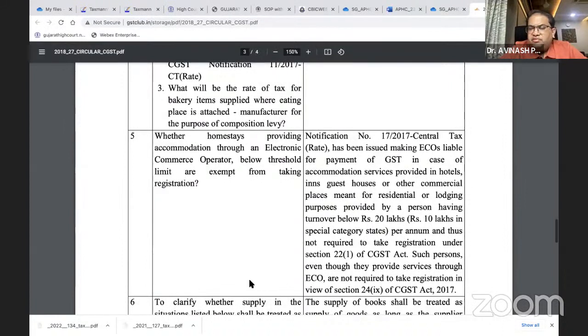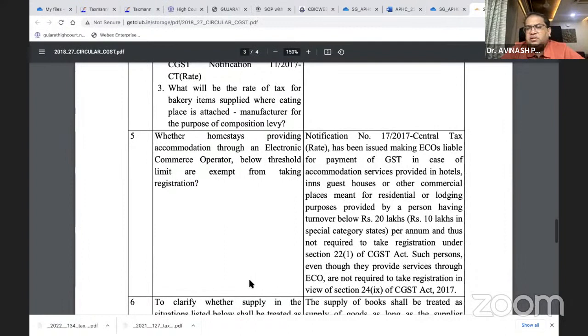Such persons, even though they provide services through electronic commerce operator, are not required to take registration in view of section 24 clause 9 of the CGST Act. So they are now clarifying that they have already issued a notification which has specified that electronic commerce operator will be liable for payment of GST in case of the accommodation services which are provided in hotels, in guest houses, or other commercial places, which is meant for residential or lodging purposes.